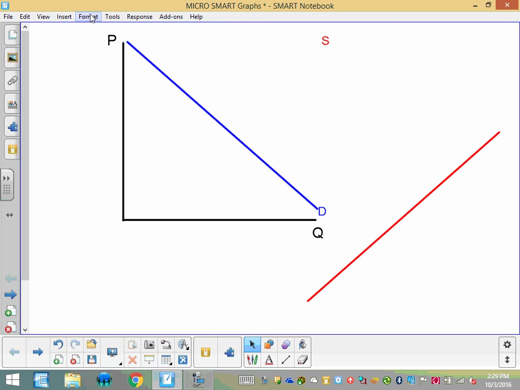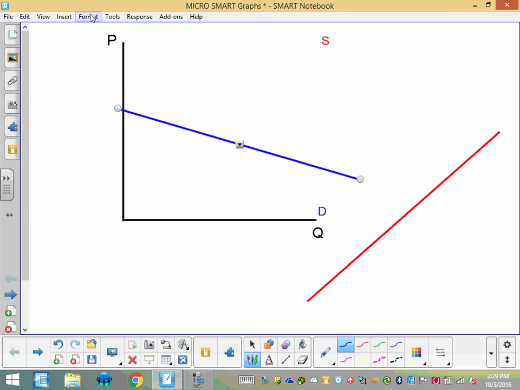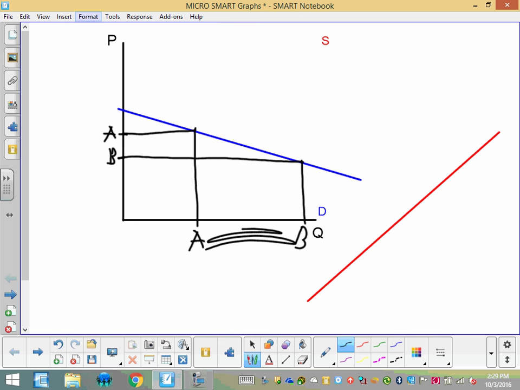Now, a more elastic curve will be what? It'll be flatter. You guys should understand how that works because that means a price change from A to B will cause a large change in the quantity. So this is our difference, this is our difference.